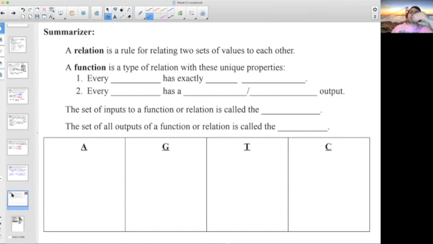Okay. So a relation can be any type of way to connect them, but a function is a special type of relation. And here's what's special about it. Every input to a function must have exactly one output. Can't be 0, can't be 2, must be one output.